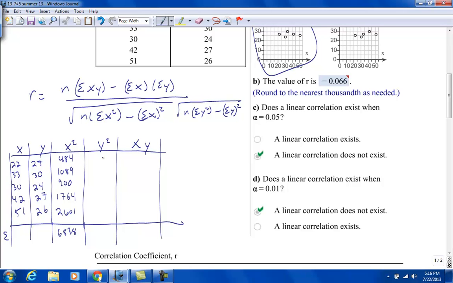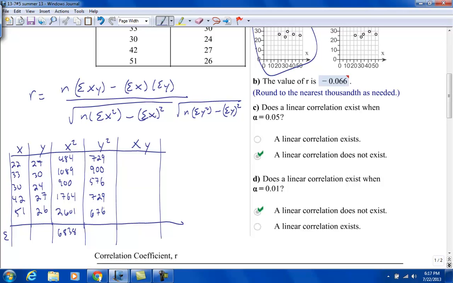Now let's do the y squared. So we have 27 squared is 729. Then 30 squared is 900. Then 24 squared is 576. And then 27 again, we already had that at 729. Then 26 squared is 676, so let's add these up.